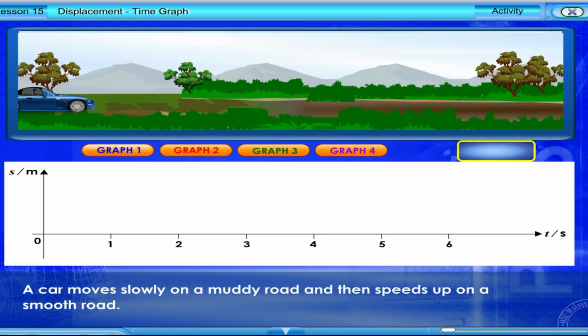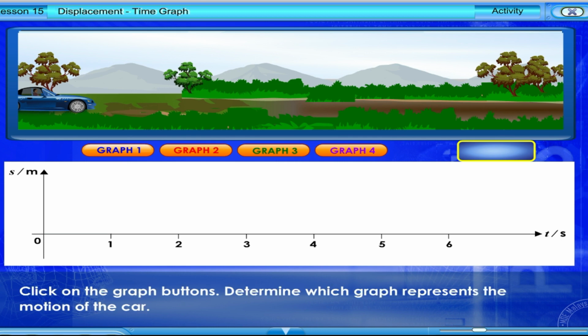A car moves slowly on a muddy road and then speeds up on a smooth road. Click on the graph buttons. Determine which graph represents the motion of the car.